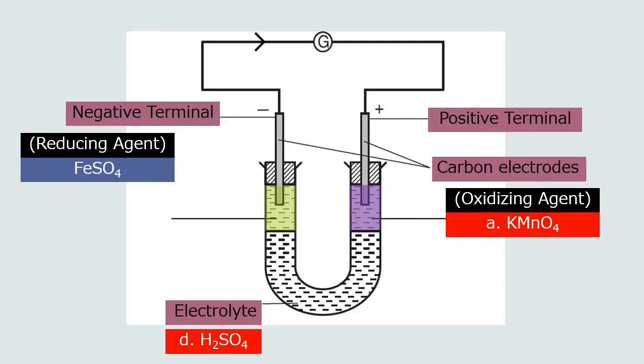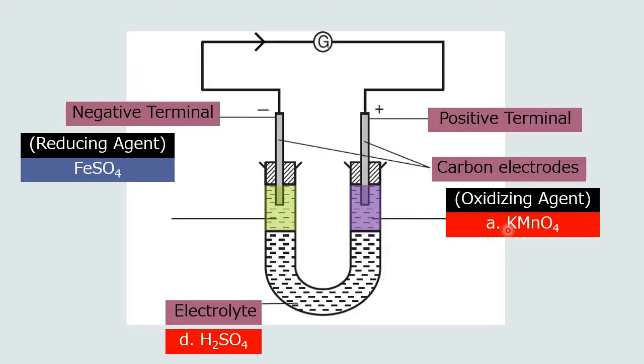On the other arm, the U-tube is filled with acidified potassium manganate(VII). Acidified potassium manganate(VII) is purple in color.